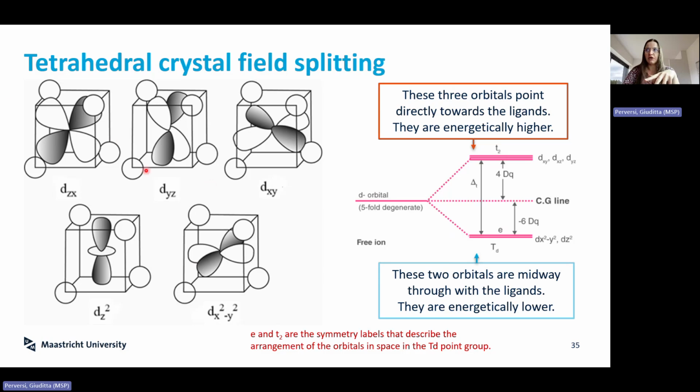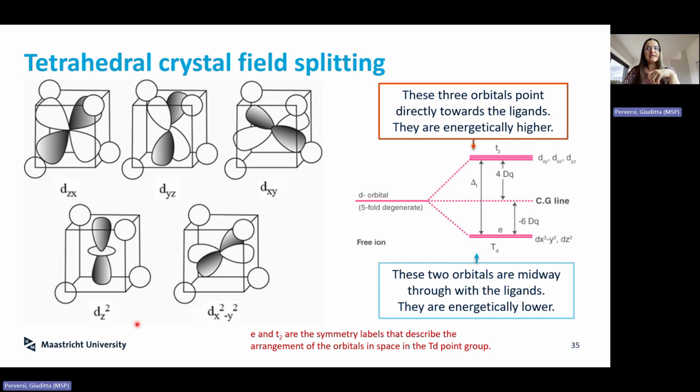In a tetrahedral geometry, you have the opposite situation. The ones that are more directly interacting with the ligands, so they are closer to the electrostatic interactions that you're going to get with the ligands, are the T2 set, so every bisecting orbital: dxz, dyz, dxy.